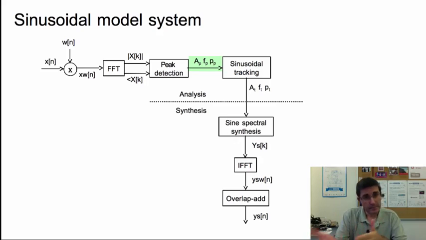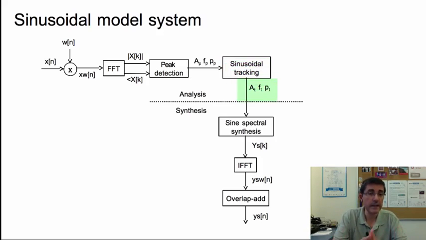Then we can track those peaks in time by applying constraints of continuity of the frequency values, so that we construct sinusoidal tracks. So we have a track for every time-varying sinusoid. And this is our analysis result.